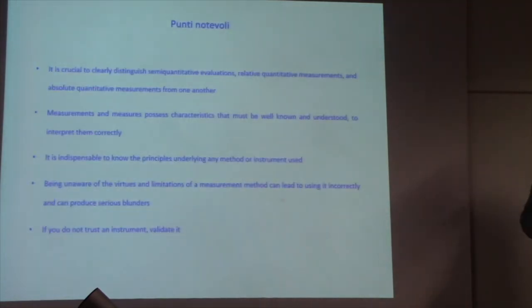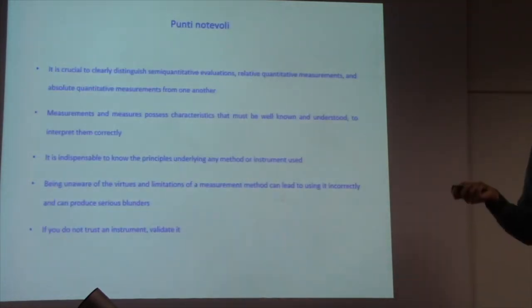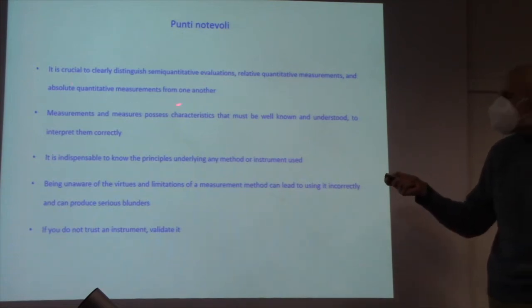And so the highlights. Think not only of this lesson, but also of the previous one, because these are common to the two. It is crucial to clearly distinguish semi-quantitative evaluations, relative quantitative measurements, and absolute quantitative measurements from one another.